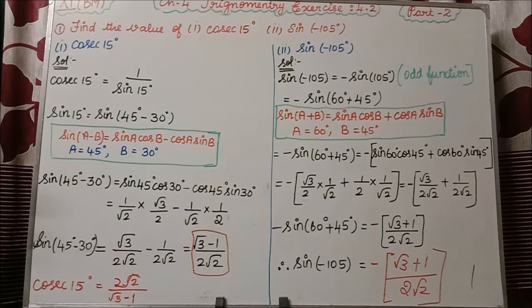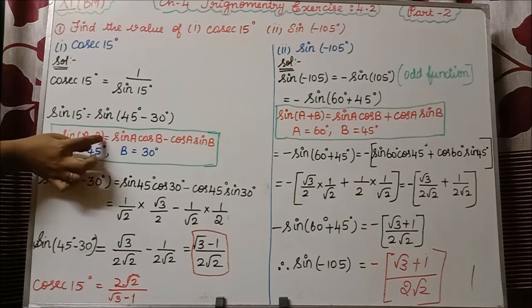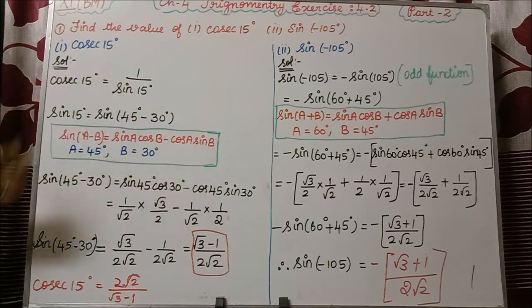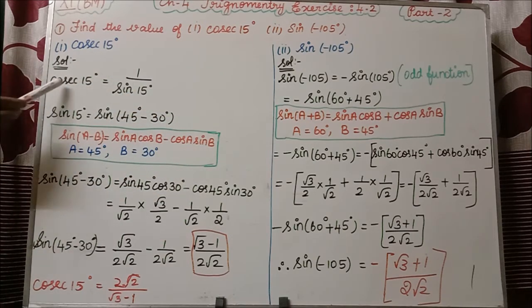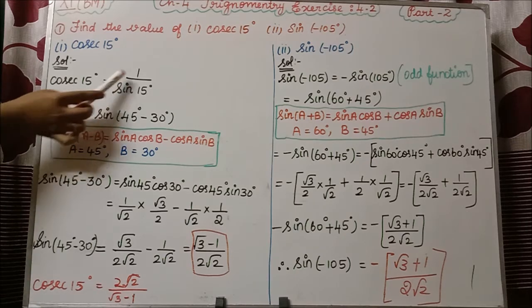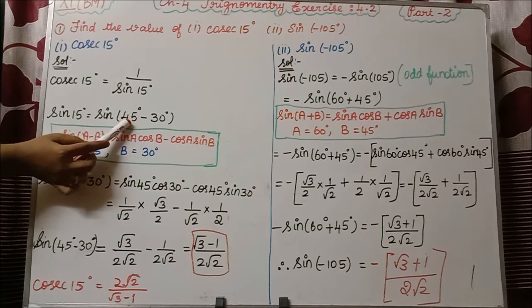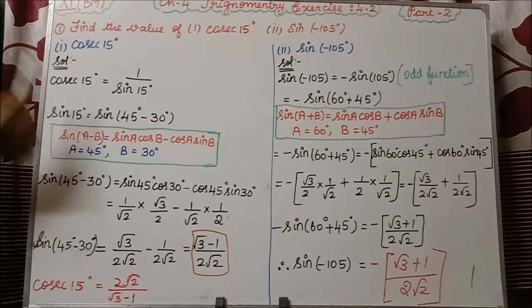Because only then I can apply the formula sin(A minus B) equal to sin A cos B minus cos A sin B. Because for cosecant 15 degree we are not having the formula. Only for sine, cos and tan we are having the formula. So I am taking the denominator part and I am writing, instead of 15 degree, 45 degree minus 30 degree.